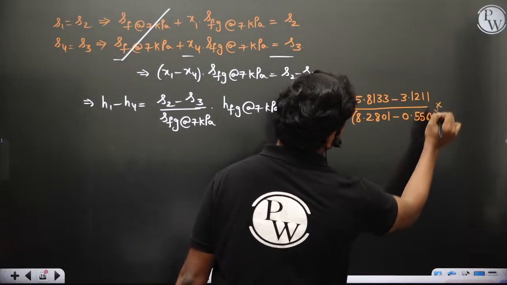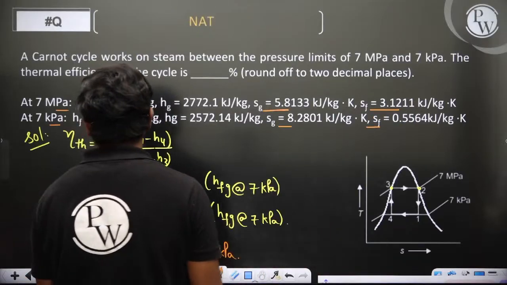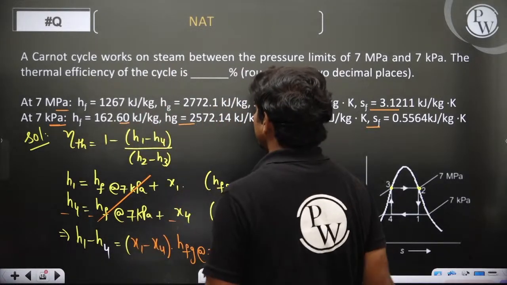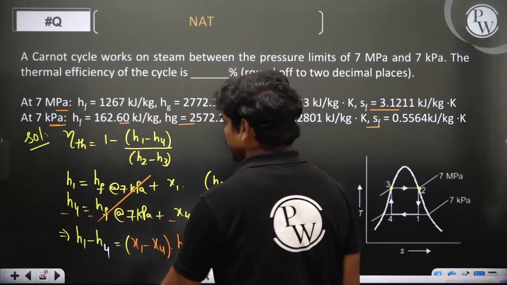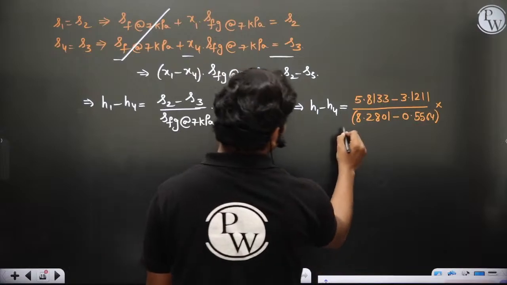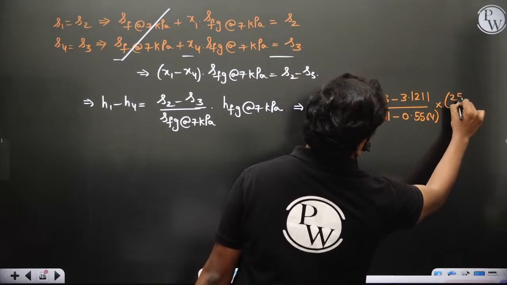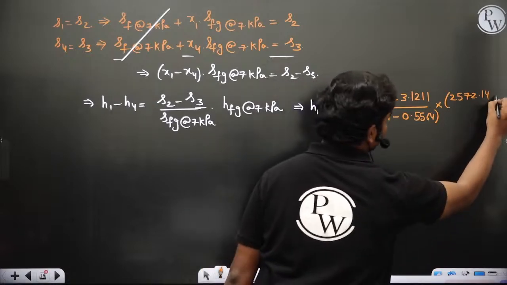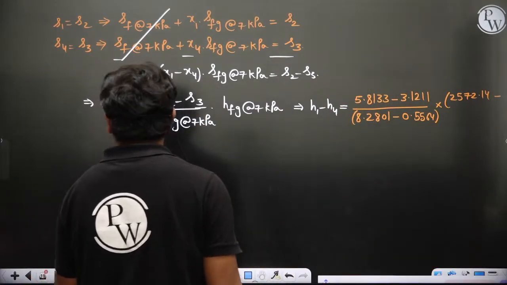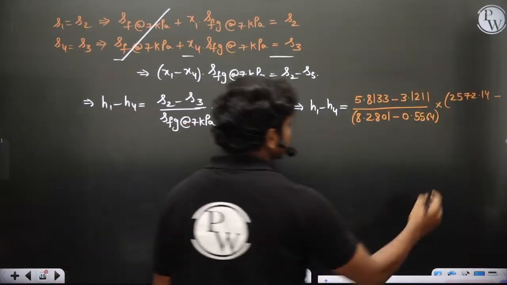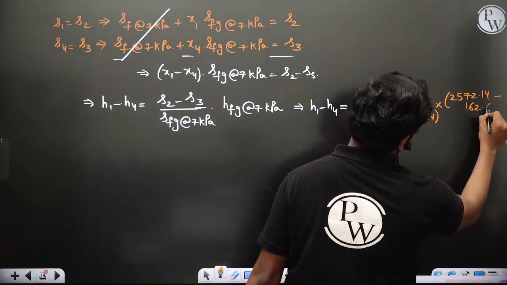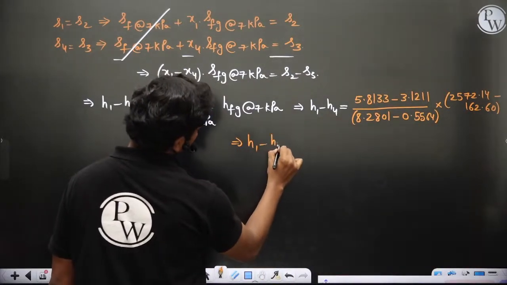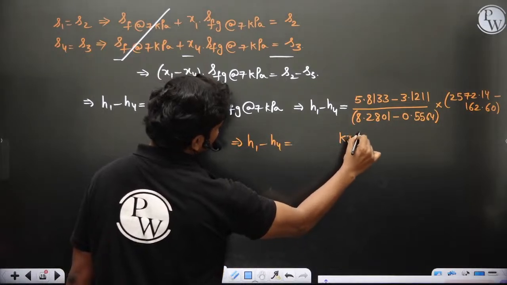Now this is multiplied with Hfg at 7 kilopascals, which is Hg minus Hf: 2572.14 minus Hf, 162.60. That's it. So this gives you H1 minus H4, and you will get this answer in kilojoules per kg.